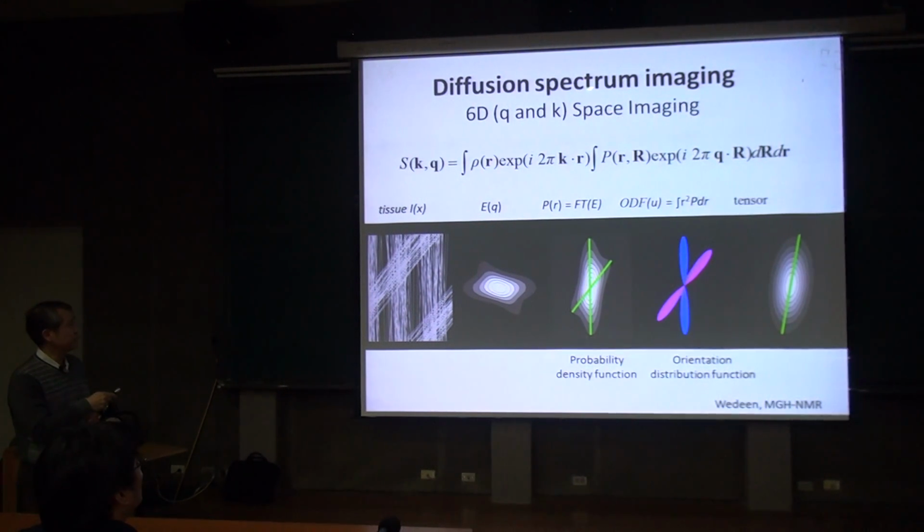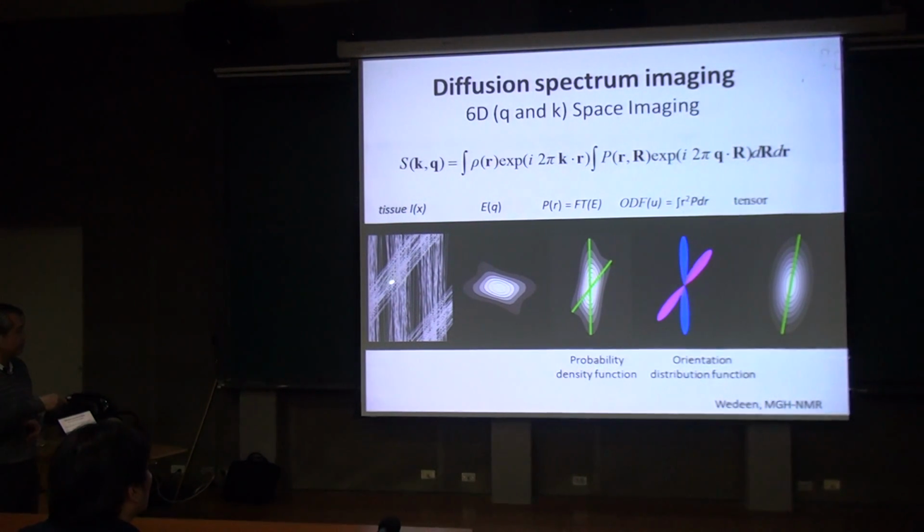Because if we measure the probability density function, then we can determine the directions of the brain fibers.